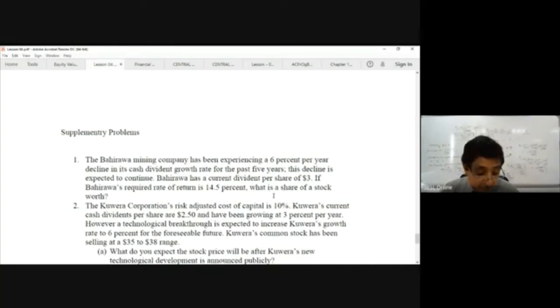So how do you calculate that? 3 is the dividend D0. So 3 into 1 plus g. But g is negative. So therefore you have to put 1 minus 0.06 in the numerator. 3 into 1 minus 0.06. 1 minus 0.06 would be 0.94.